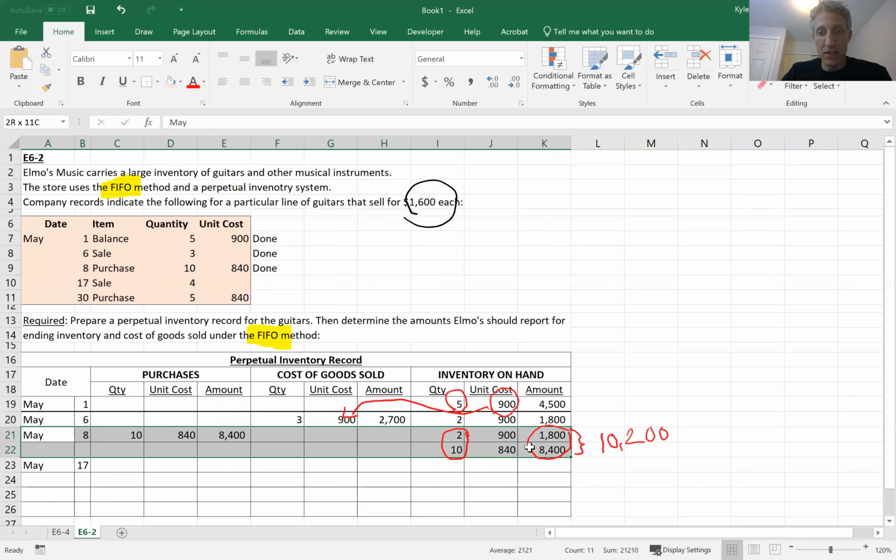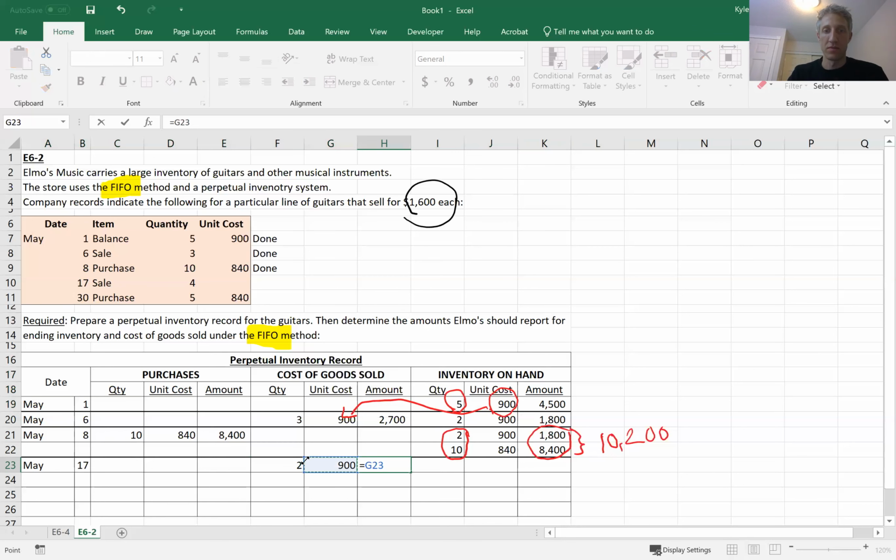Under FIFO, we assume that we sell the oldest units first. So since the 2 units were originally part of the original 5 that we had on May 1st, we're going to sell those first. And those 2 units had a unit cost of $900. So this 2 here gets carried forward and becomes the 2 that we're selling. So now we've exhausted all of the 2 units that we had at a unit price of 900.